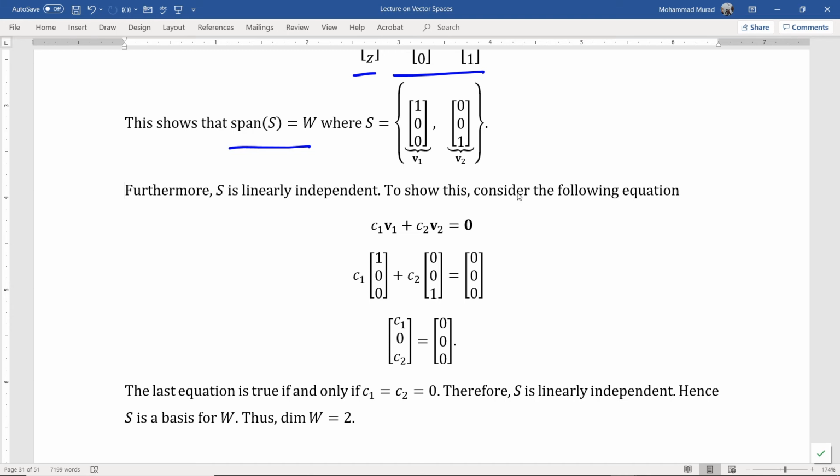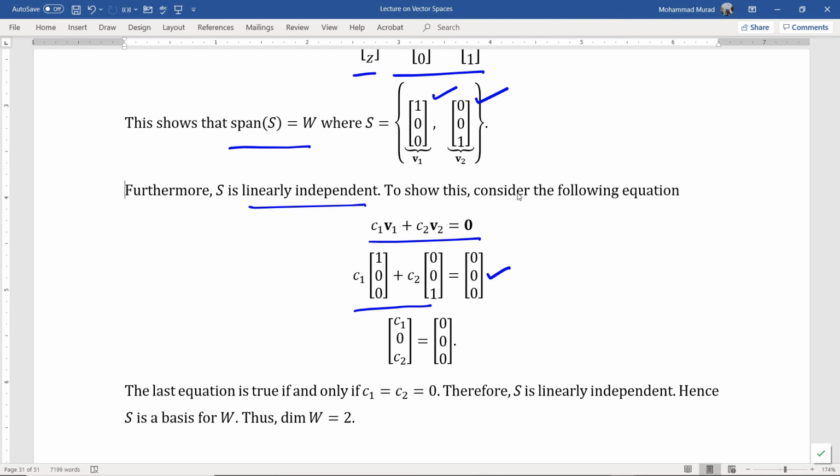Furthermore, the set S is linearly independent. To show this, we consider the following equation. The left-hand side of the equation takes this form when we replace v sub 1 and v sub 2 by the vectors with components 1, 0, 0 and 0, 0, 1. The right-hand side is the 0 vector in the vector space R3.